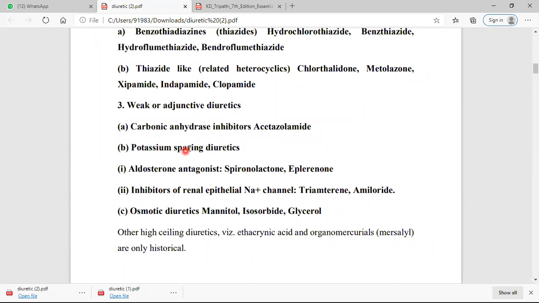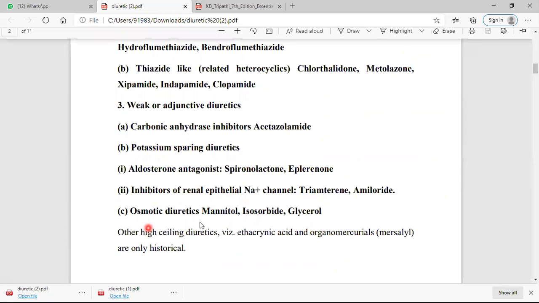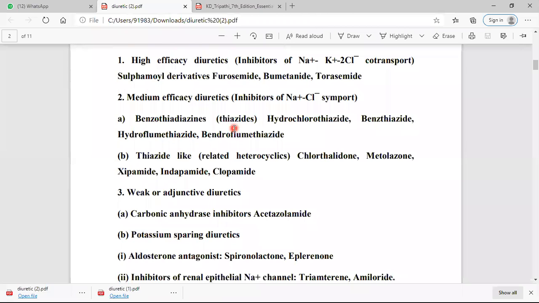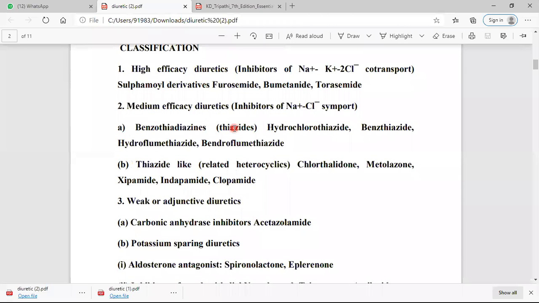Aldosterone antagonists: aldosterone is a hormone which maintains sodium and potassium balance. These are spironolactone and eplerenone. Inhibitors of the renal epithelial sodium channel: triamterene and amiloride. Osmotic diuretics: mannitol, isosorbide and glycerol. This is the classification of diuretics, which is generally asked in the examination.